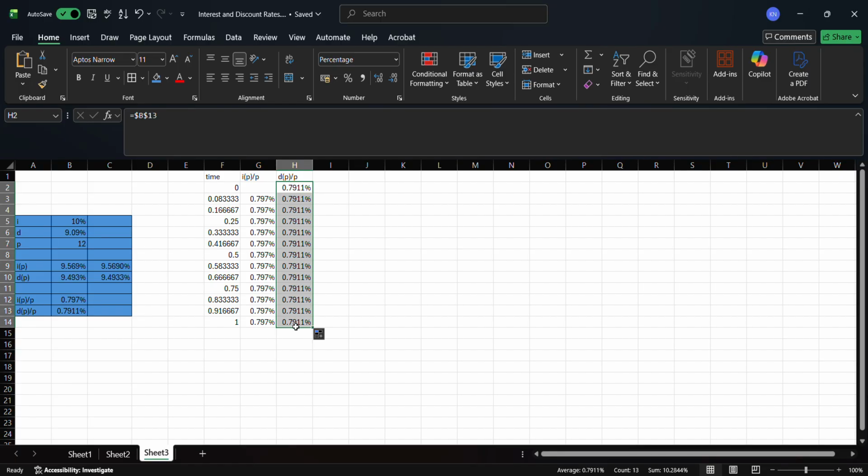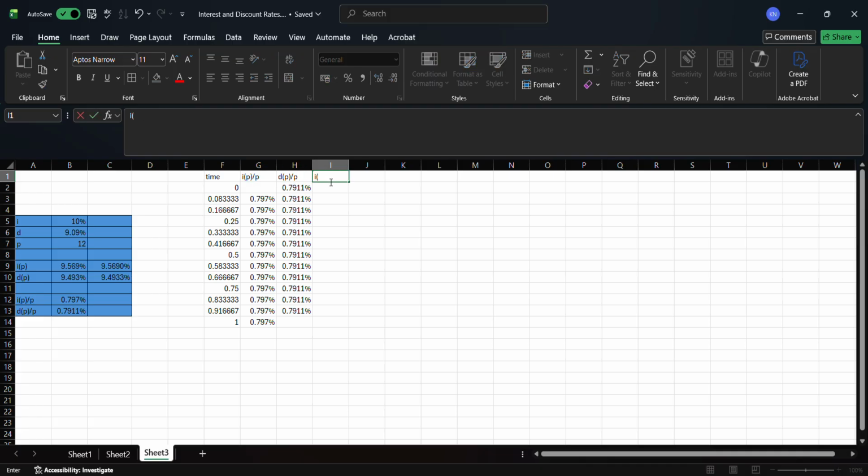But be careful, because since it's at the start of each month, you won't earn anything at the end of the last month. So like this, we have 12 of them from the beginning. This is exactly like in advance. So that's your monthly effective interest rate, and this is your monthly effective discount rate.